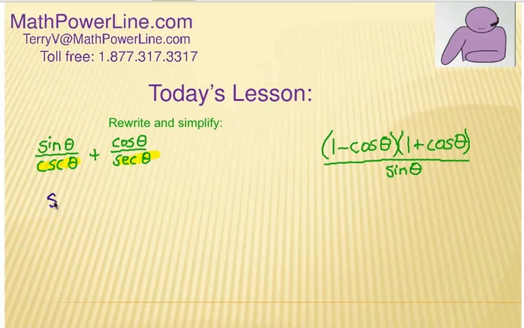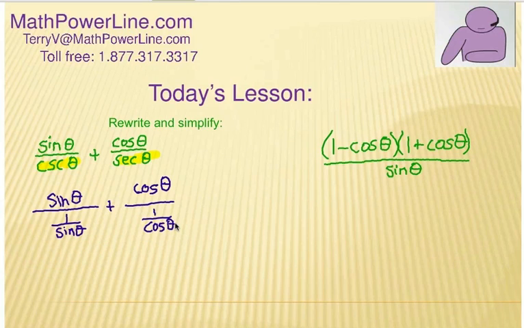So we have sine of theta over 1 over sine theta. We'll have to deal with that in just a moment. Added to cosine theta over 1 over cosine theta. Using some algebra steps here, notice that we can multiply top and bottom of this fraction by sine theta.